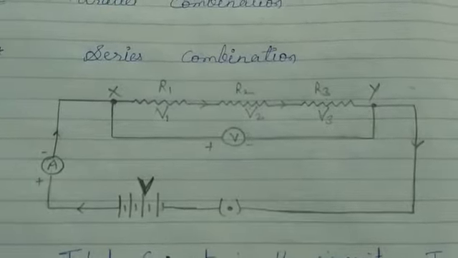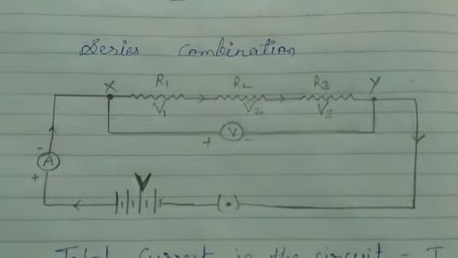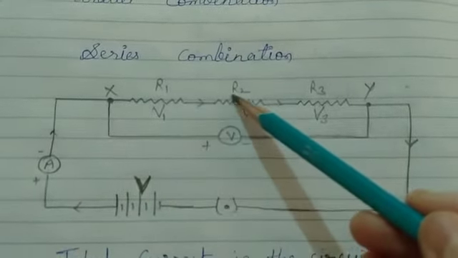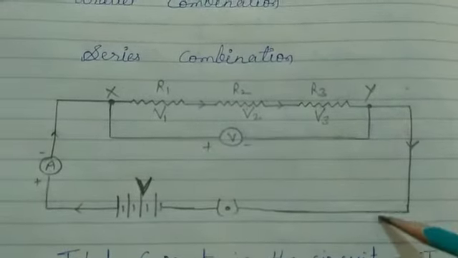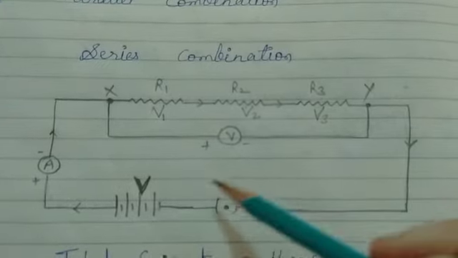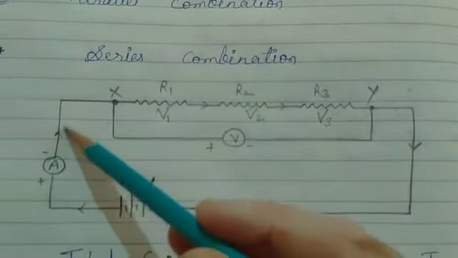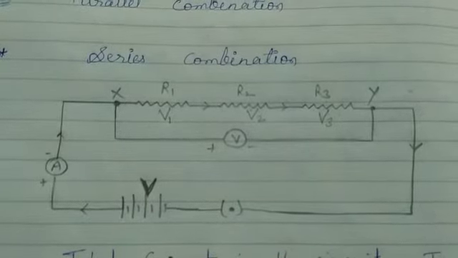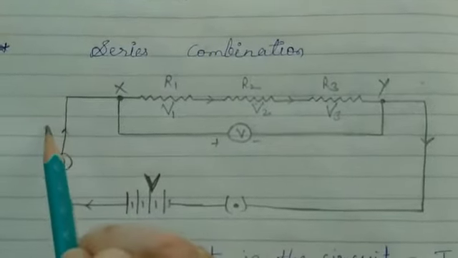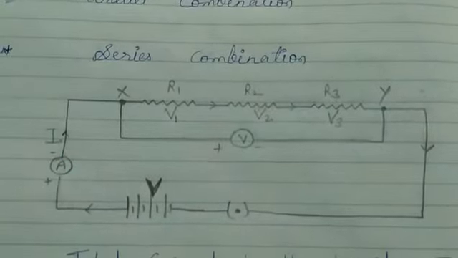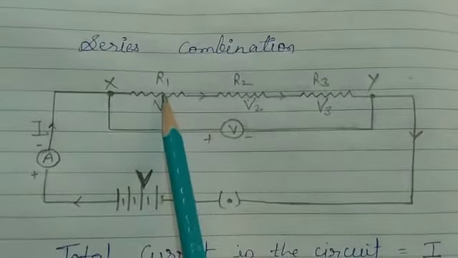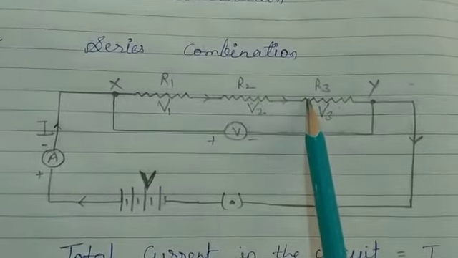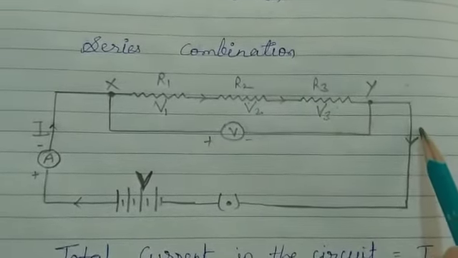The second thing is about the current, because the current is going in a simple path. There is no splitting of current, so the current flowing through all the resistors is the same. If current I is flowing here, then the current through R1 will be I, through R2 also I, through R3 also I, and the same amount of current I will be here.